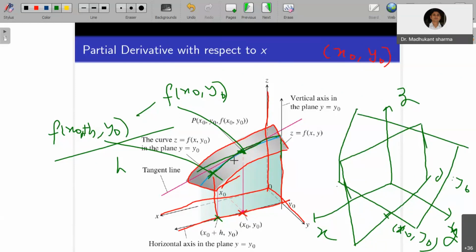That will cut the surface along a curve, and at that point you draw the tangent, which gives the partial derivative with respect to y.